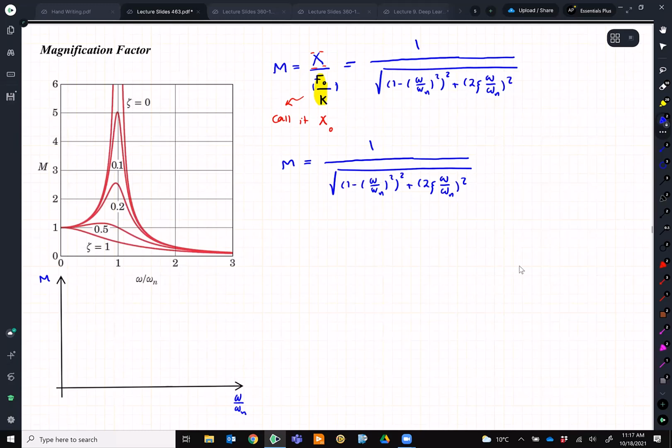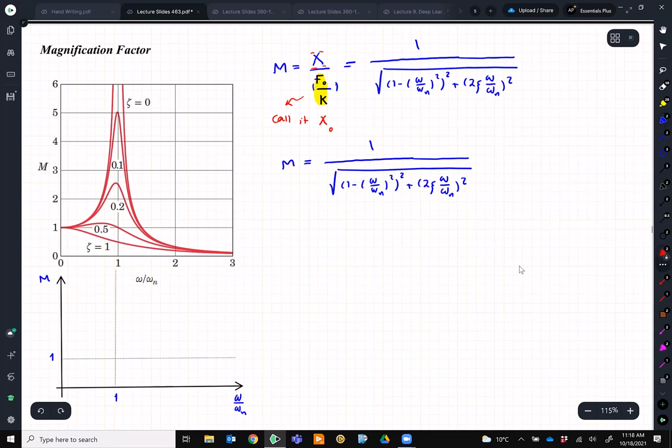First things first, when omega over omega n is 0, obviously it gives me a value of 1. So let's draw a line at 1 and draw this line at 1 as well. These are the values that are critical for us. So this is 1 and this is 1.